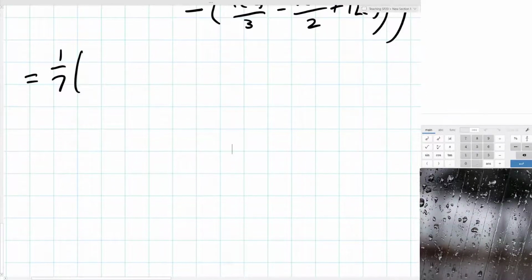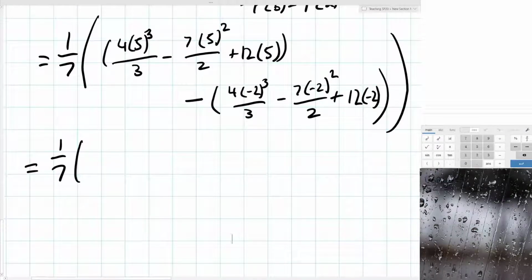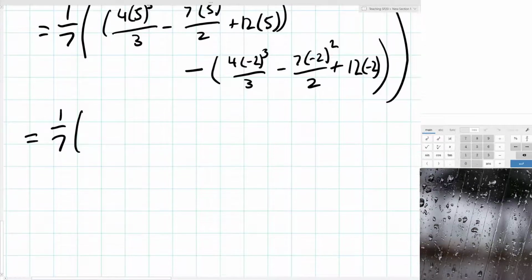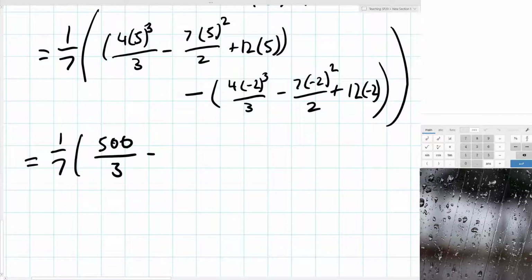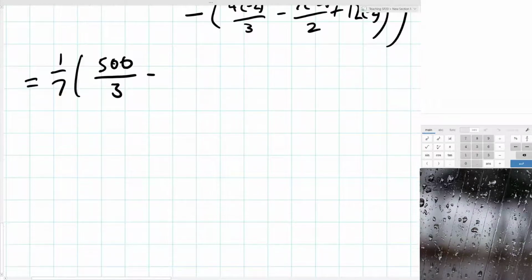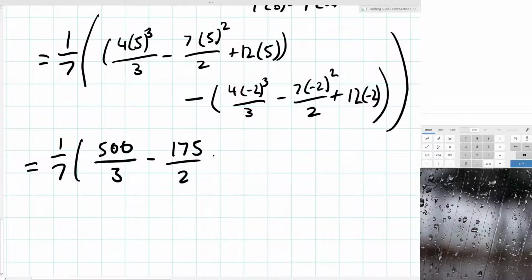So 4 times that is 500. 5 squared is 25. 7 times that is 175. Plus 60.